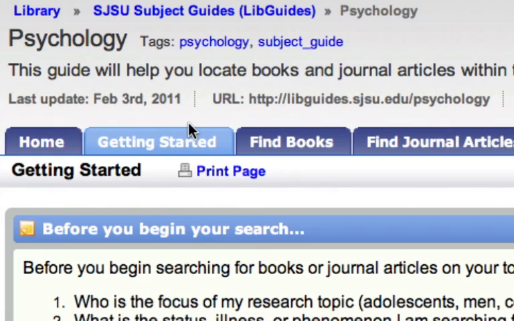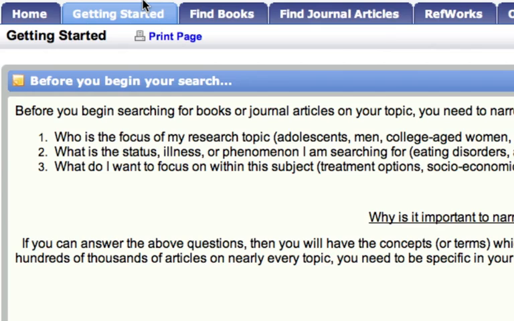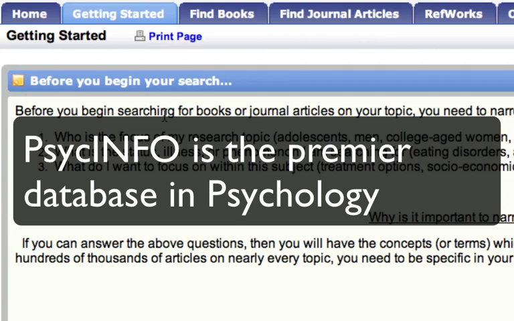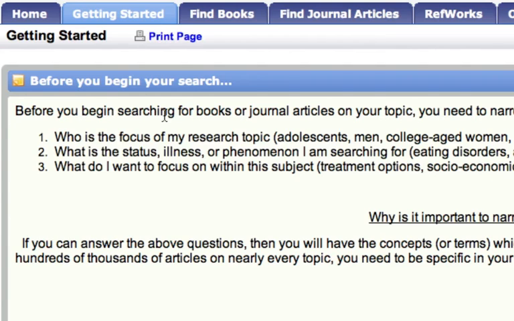Before you start your database search, you're going to have to clearly define what your topic is and the direction you want to take your topic. The reason you have to do this is because there are millions of scholarly, peer-reviewed psychology articles in the PsycInfo database, which holds a majority of the psychology literature.